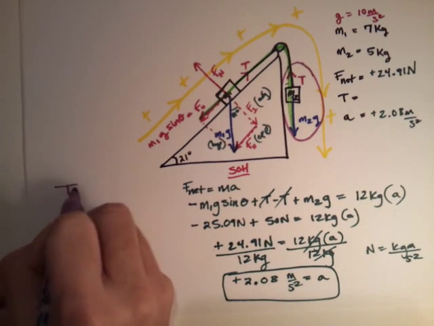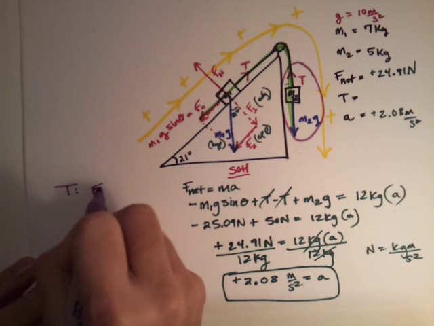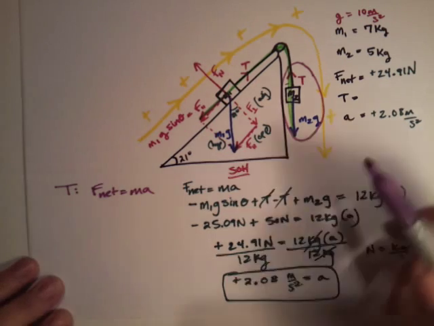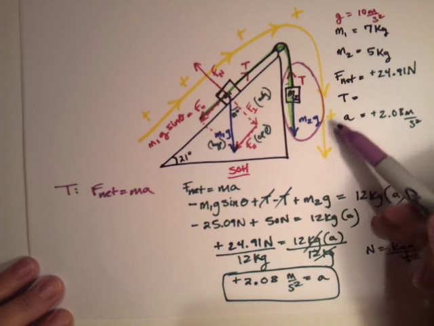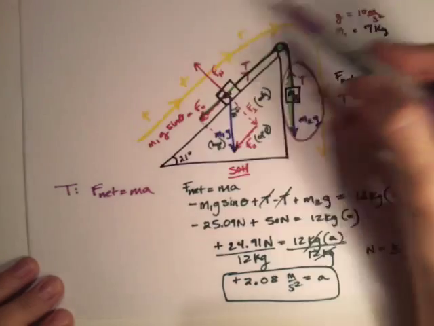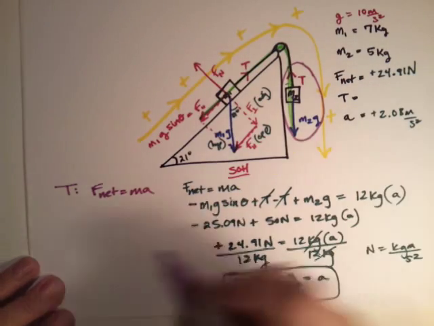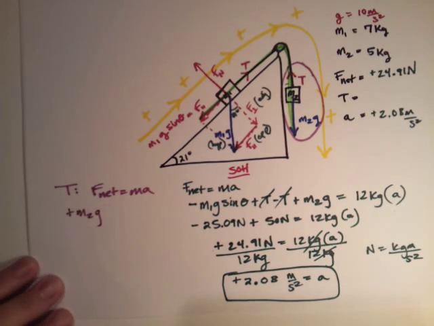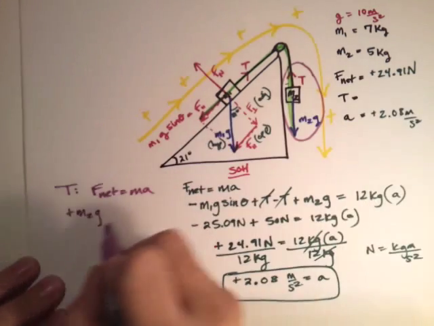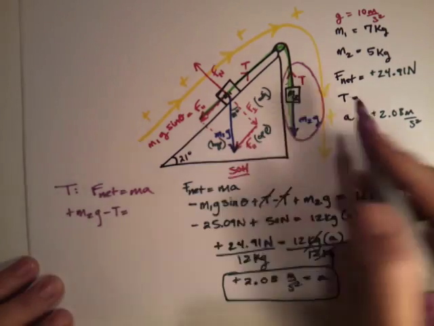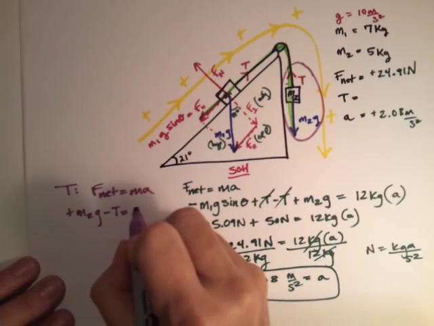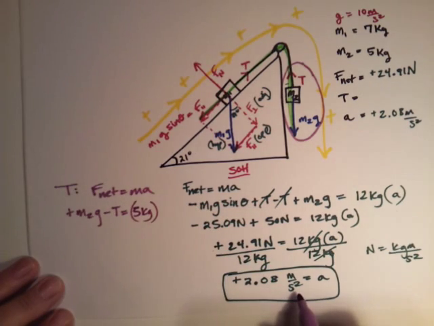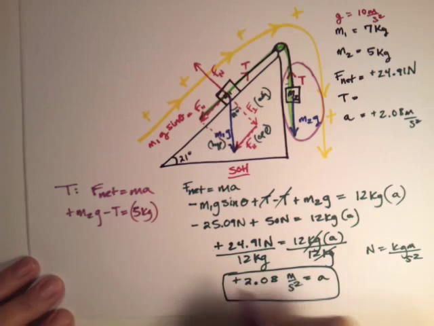So again, in order to find T, I'm going to say F net equals mass times acceleration. I'm going to go back, use the same defined direction. So I have the positive M2 G, right, minus T equals the mass, which is 5, because we're only looking at that, times the acceleration of the system, because this mass is going to accelerate with the system.